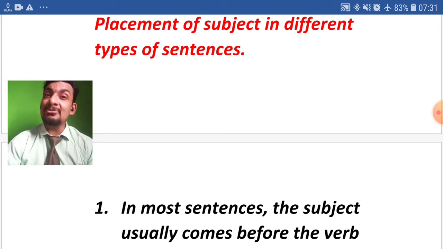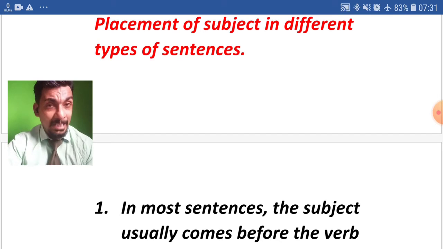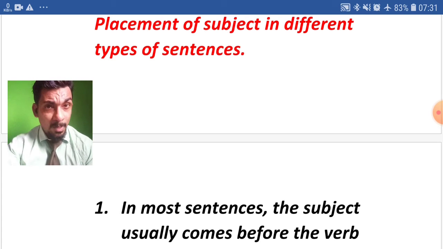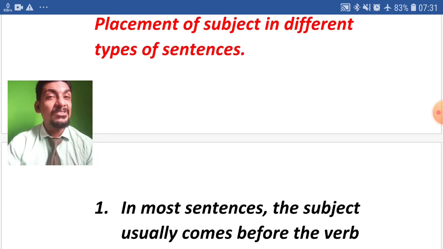Imperative sentences were such sentences with the help of which we gave any command or request or advice. Interrogative sentences were used to ask any kind of questions. And finally came the exclamatory sentence, with the help of which we expressed a kind of strong emotion. All this I taught you in my previous videos.